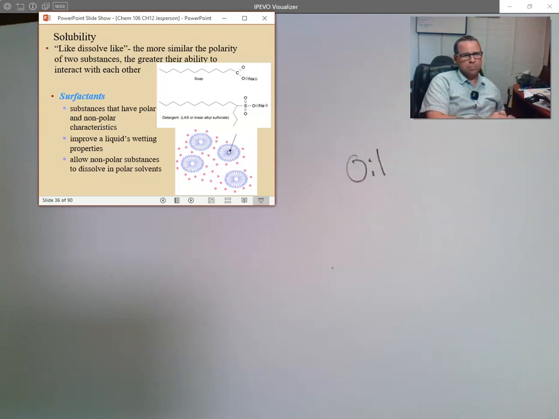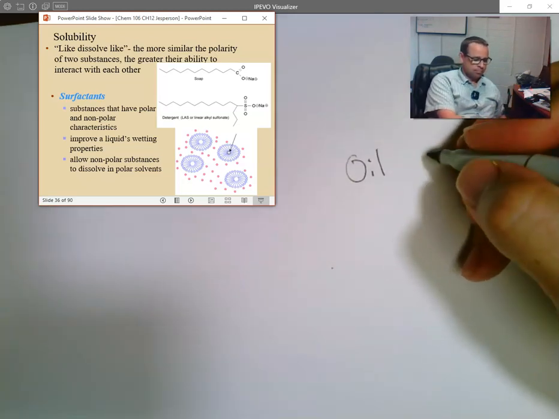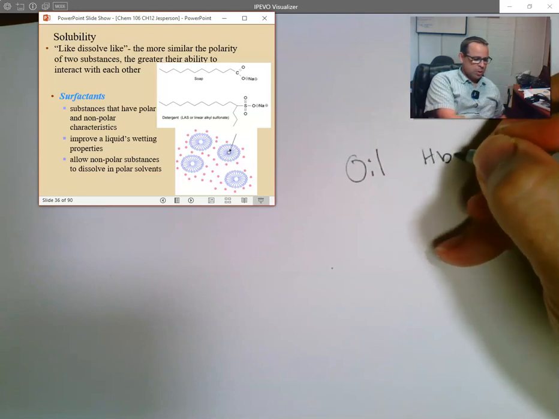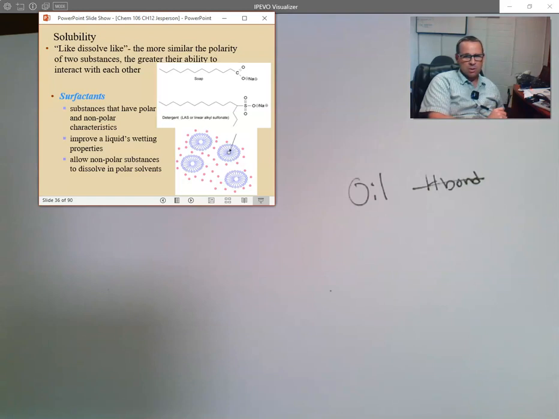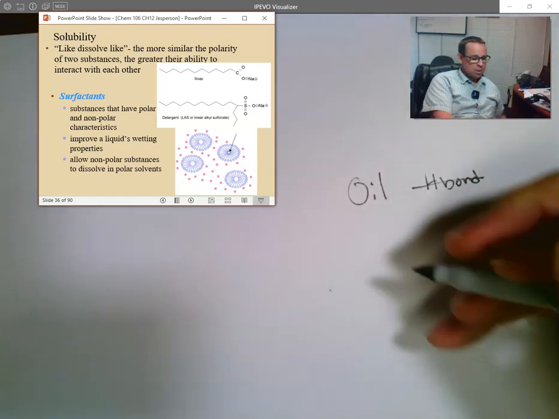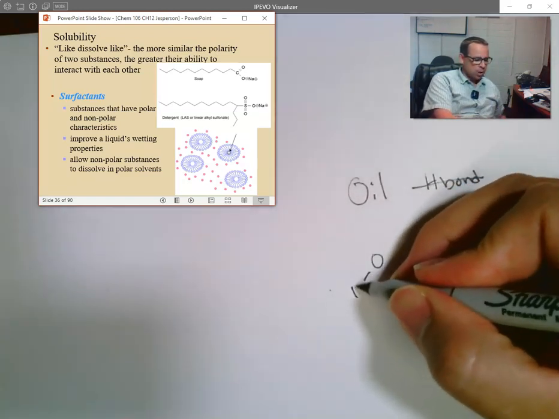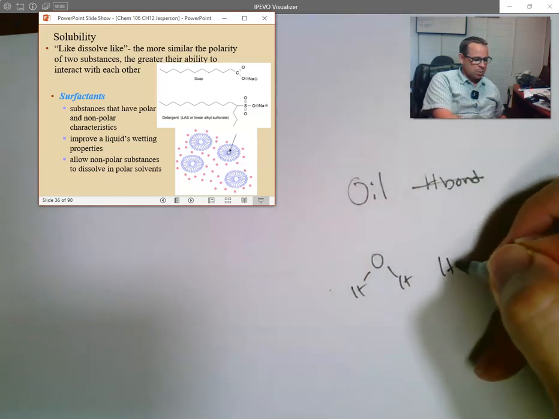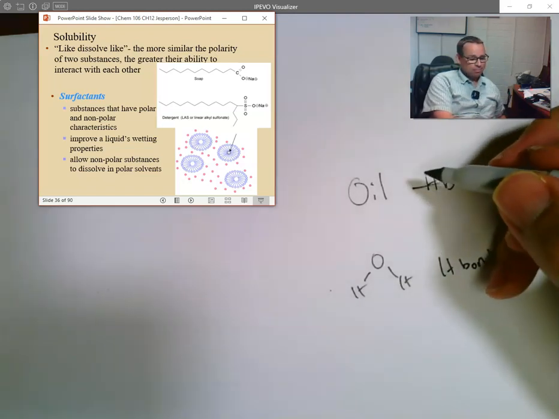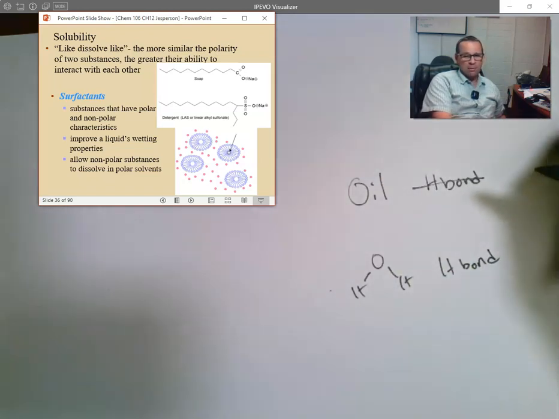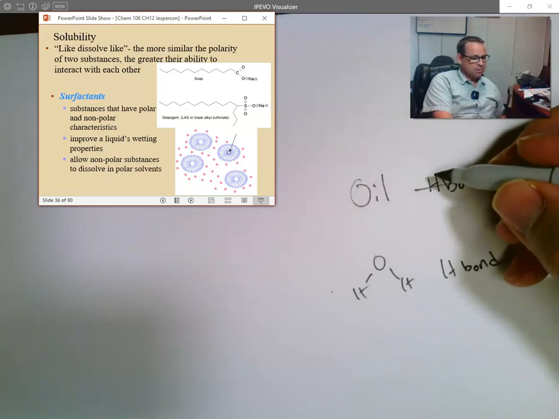So it does not mix very well with water, so it probably does not have hydrogen bonding forces. Okay, so it's not going to have hydrogen bonding forces because it doesn't mix well with water, and we know that water likes hydrogen bonding. Very good. And that probably also means that oil doesn't have what? What's another one that it probably doesn't have, Sarah?